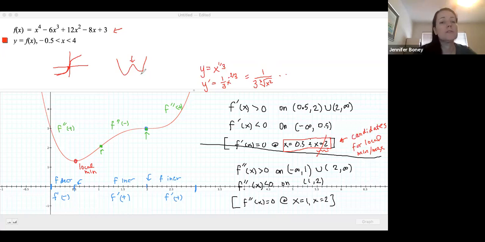But in other cases, some weird fractional power graphs end up having a cusp like that, similar to the absolute value situation, where it is actually a lowest point, or if inverted, a highest point, without the function having any problems whatsoever. The derivative goes from positive to negative, but instead of passing through a spot where it is zero, it is a spot where we can't define the value.